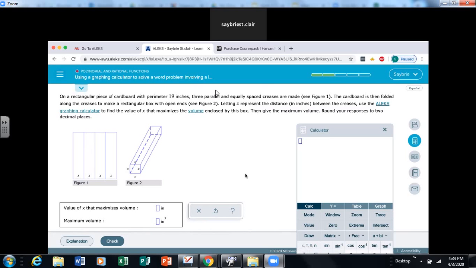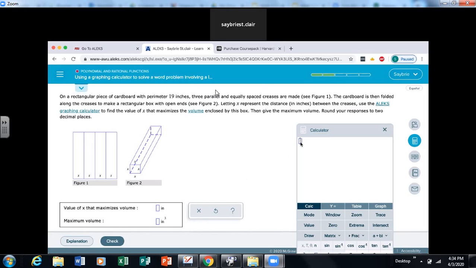So it looks like perimeter is 19. So if the perimeter is 19, that means that top piece, 19 divided by 4, that top piece is 4.75 long.